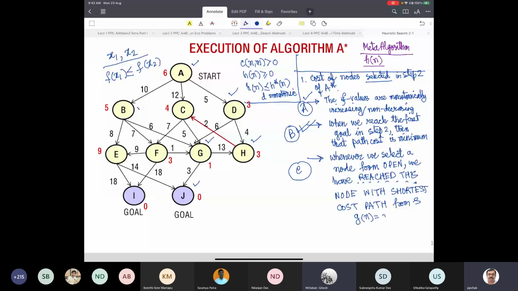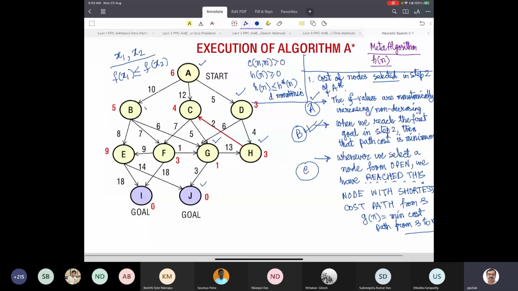If that is the case, is it clear to you why we do not check whether a node exists in closed with a shortest cost path? We check in open, but we don't check in closed, because it cannot happen, provided these conditions are satisfied.